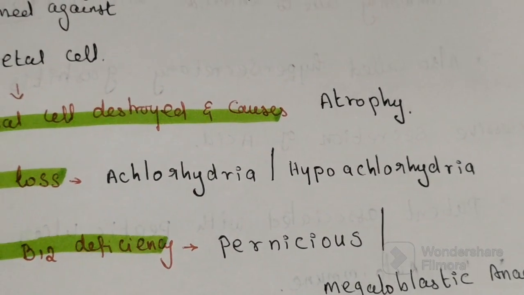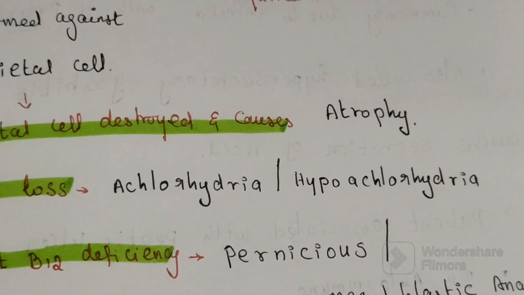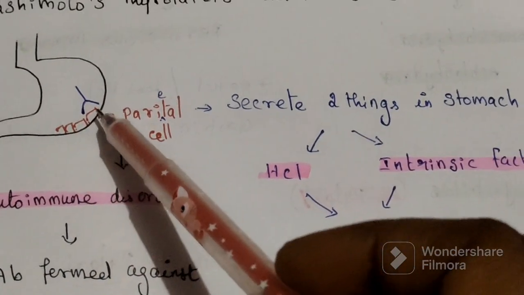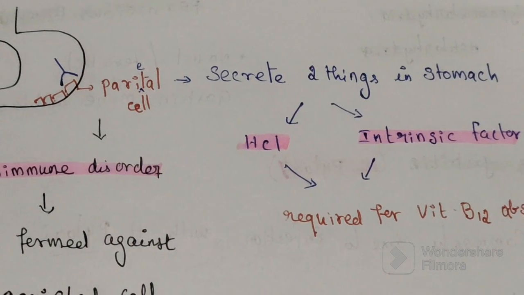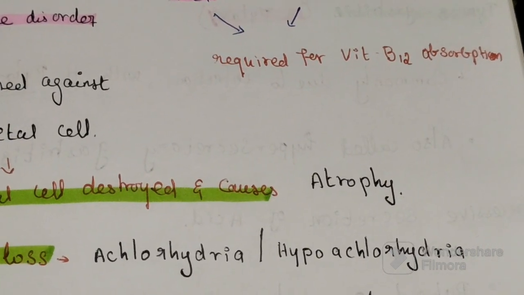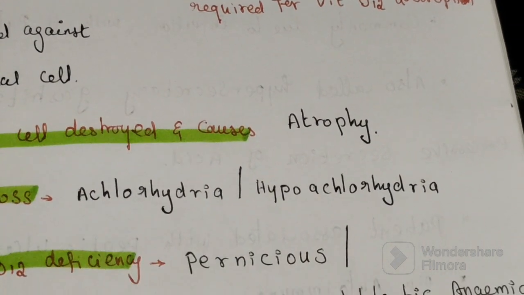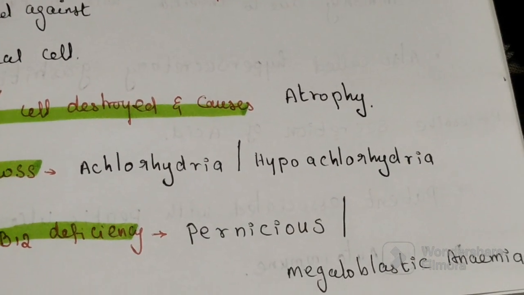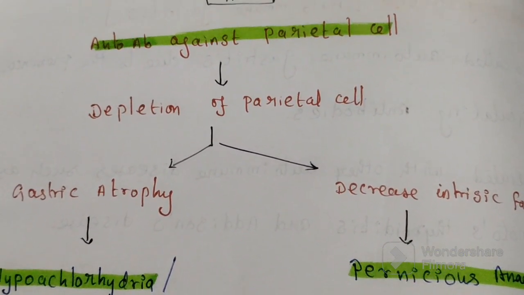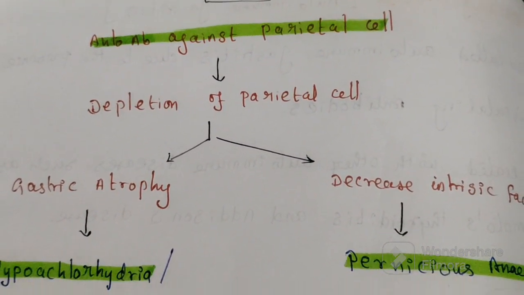Antibody formed against the parietal cell. So three pictures: one is atrophy, second one is achlorhydria, third one is pernicious or megaloblastic anemia. So this one is autoantibody against the parietal cell.